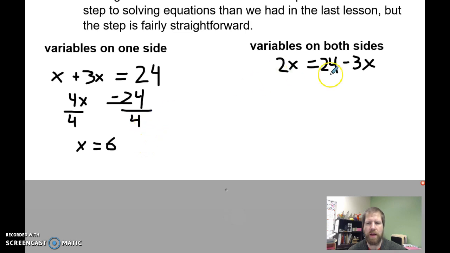Okay? Now, with variables on both sides, you need to get all your like terms on the same side. So you're going to choose one side to move your variables to. The way I do this, and the way I suggest you guys do this, is, oops, I'm going to change this a little bit.